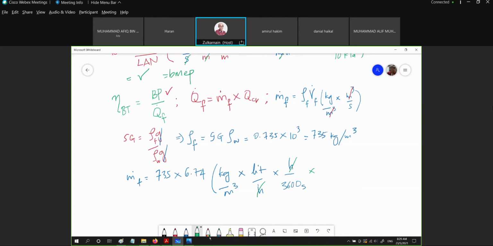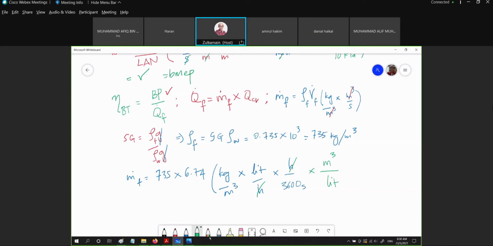And then we have liter here. We need to convert liter to meter cube. So what is the conversion of meter cube to liter? Anyone? Meter cube to liter, please. What is the conversion unit? 1000, sir. 1000, yes.